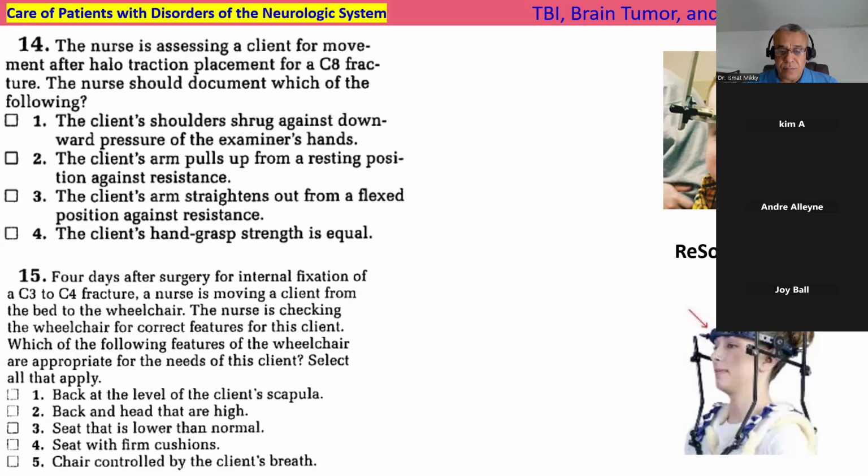Back at the level of the patient's scapula, back and head that are high, yes. Seat that is lower than normal, yes. Seat with firm cushions, no. Chair controlled by client's breath, yes. So 2, 3, and 5.